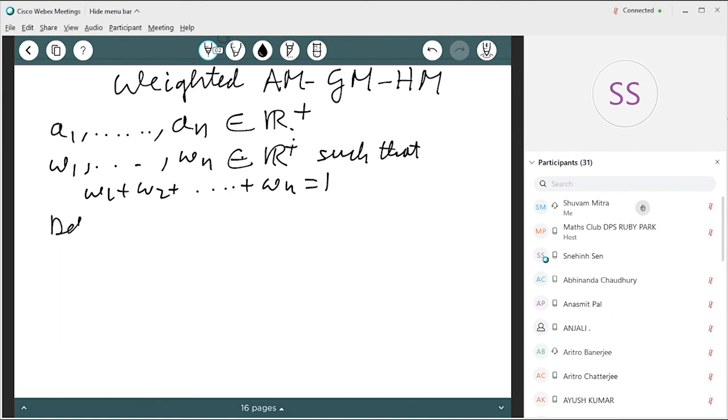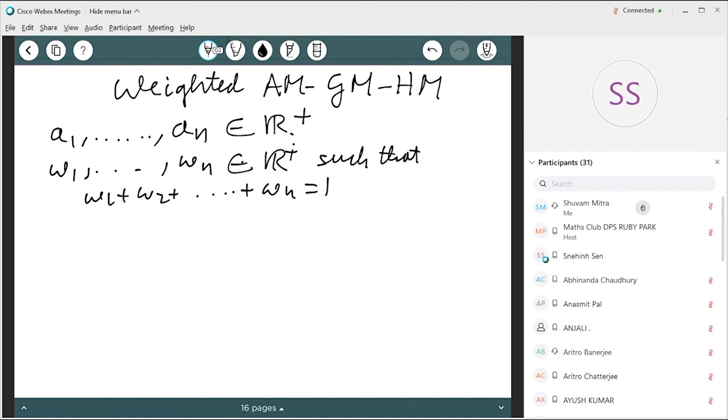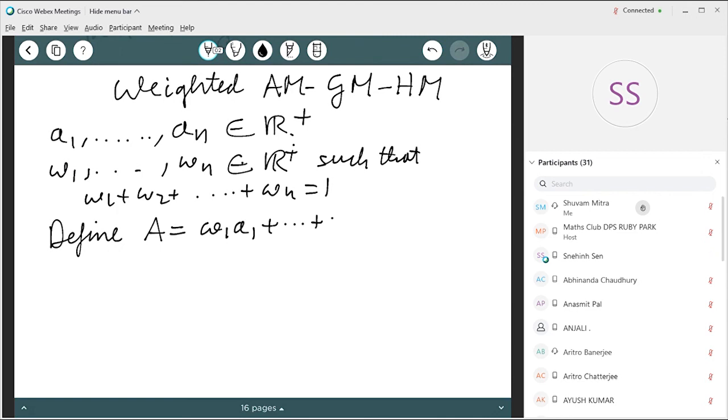Define A as this, which is basically a weighted sum. You might assume these as weights, values which you are assigning to the coordinates A1 to AN, and you're taking a sum over them.